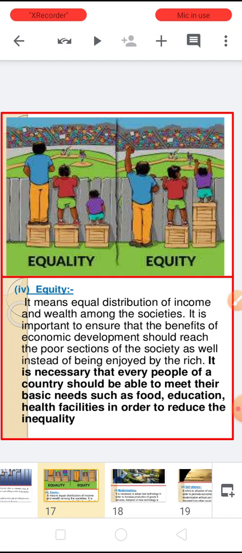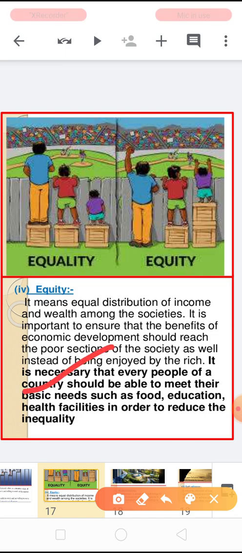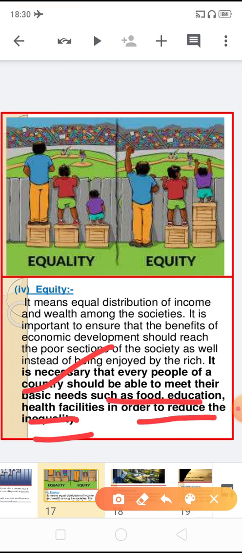As I just said, it is very necessary to ensure that every person of the country is able to meet their basic needs such as food, education, and health facilities in order to reduce inequality of life.